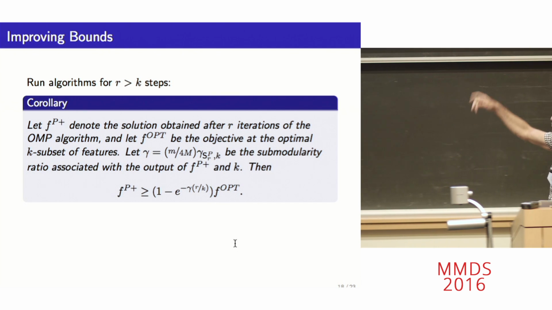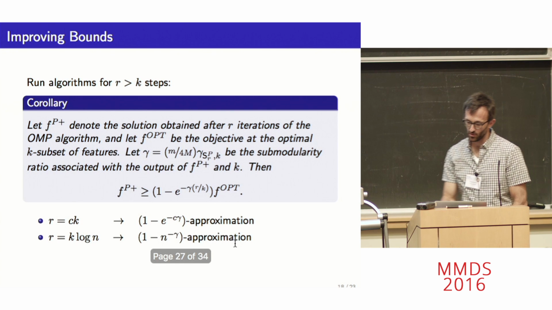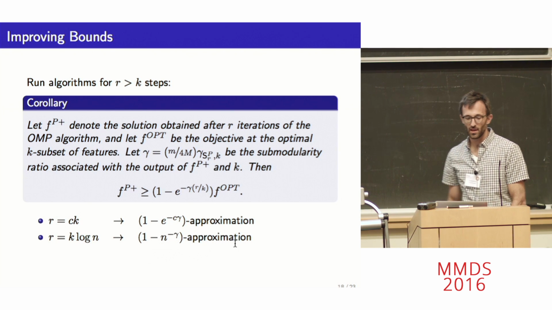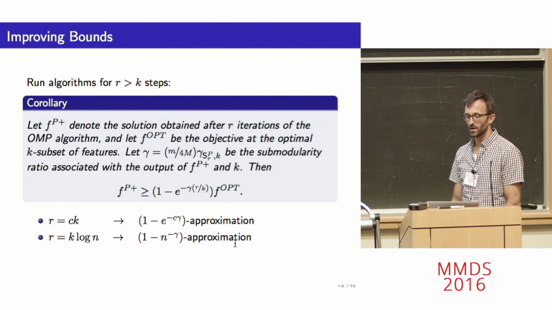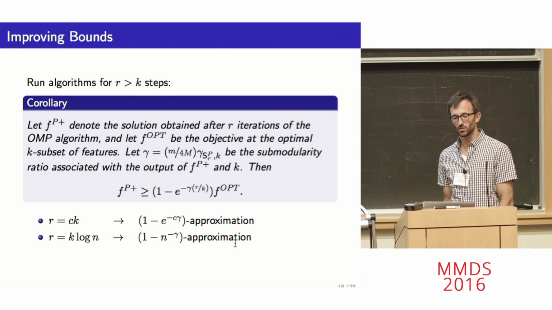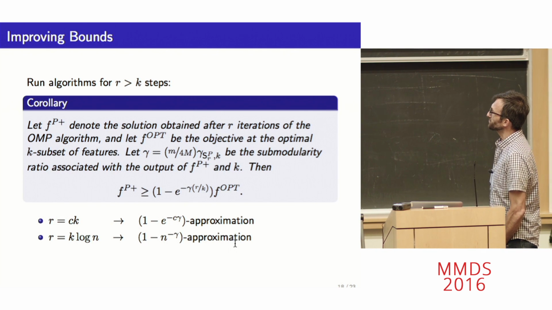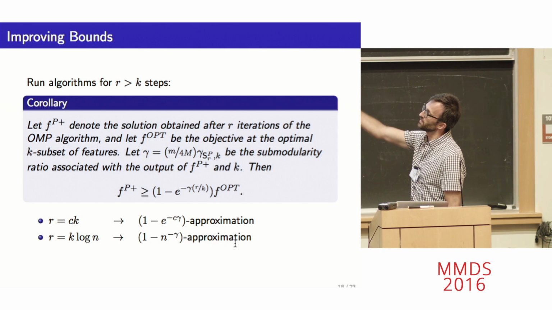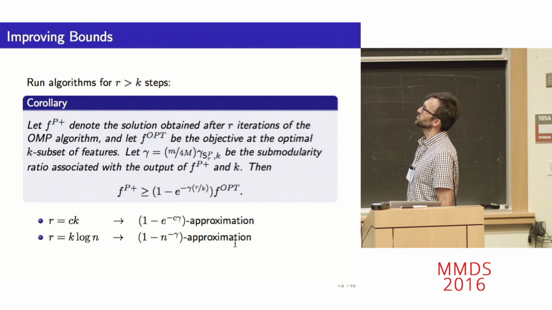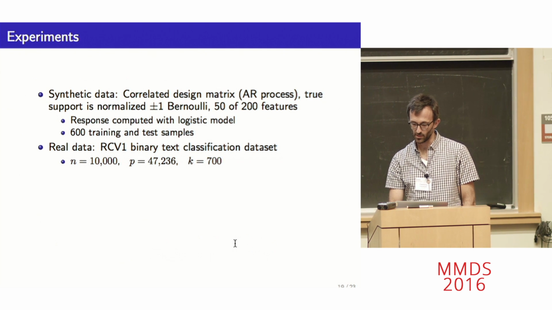And so now you can see that we get better values. In particular, if you're willing to take a constant multiple of k, which is particularly useful for problems that are very sparse, then you get an improved approximation. And if you're willing to expand this by a logarithmic factor, then you get this approximation.